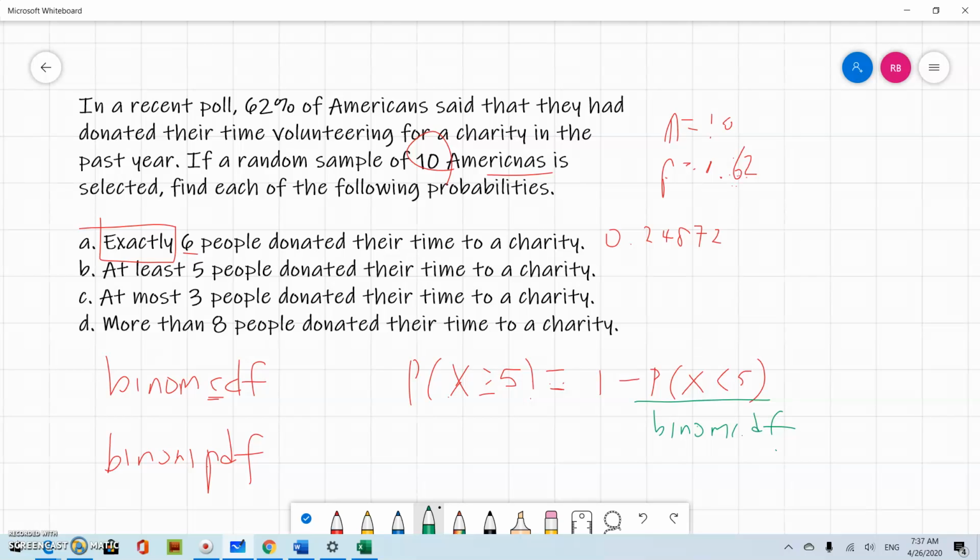So I do binomial CDF with trials 10, 0.62 as a probability, and actually I need to use 4 because it's people, so binomial CDF 4, at most 4 people.